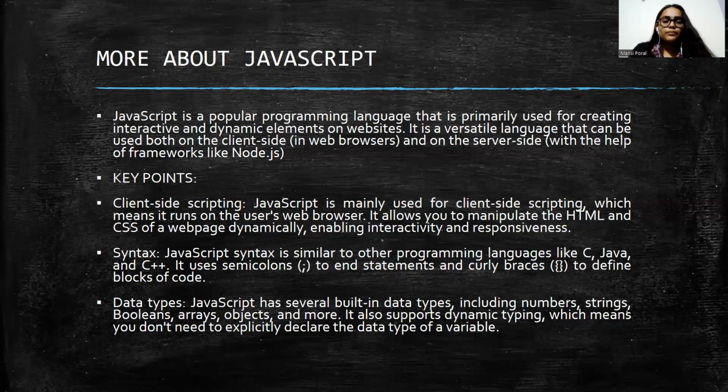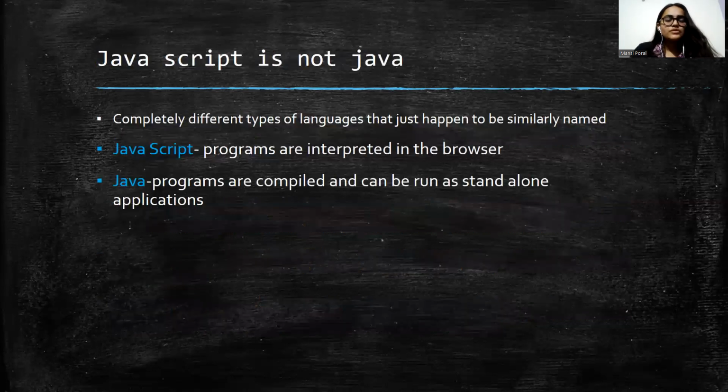It also supports dynamic typing, which means you do not need to explicitly declare the data type of a variable. JavaScript is not Java. They're completely different types of languages, which happen to have similar names. JavaScript programs are interpreted in the browser, whereas Java programs are compiled and run as a standalone application.